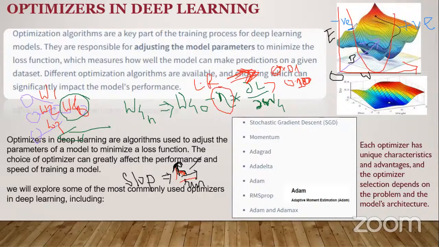If this is my initial weight, let's say W4, and I have to calculate the new weight, we are trying to calculate the slope at this point.